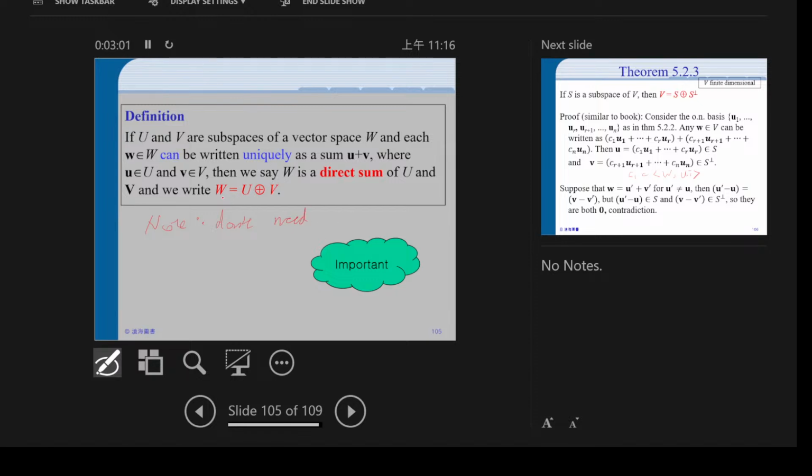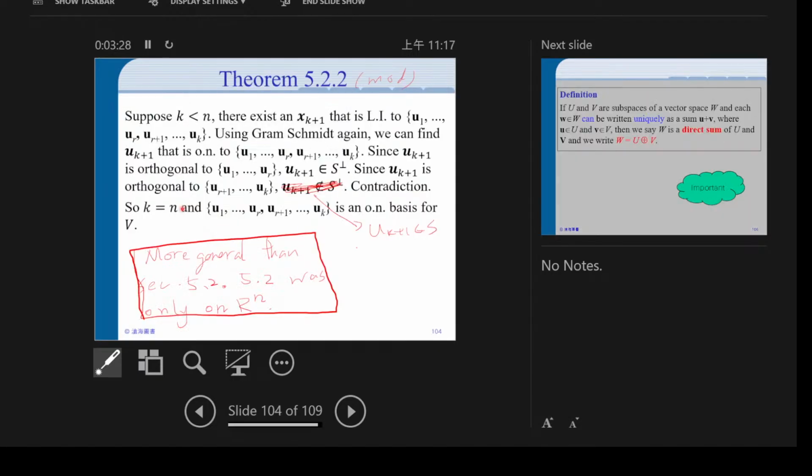This is more about a concept on linear independence, so this doesn't need things being orthogonal. Basically, direct sum means that the basis of U and the basis of V together will become a basis of W.